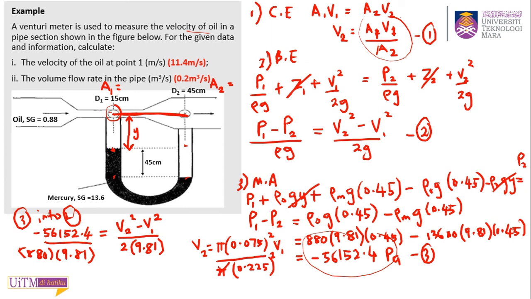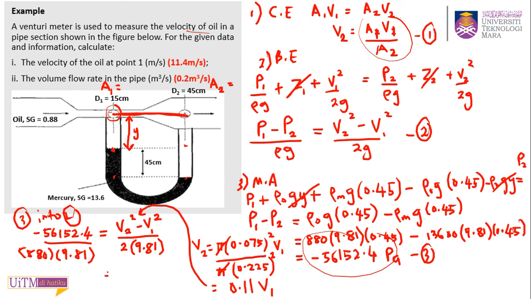Okay, you can cancel out pi. So you will get V2 in terms of V1: 0.075 squared divided by 0.225 squared, which is about 0.11. So V2 equals 0.11 V1. Just replace back inside here.